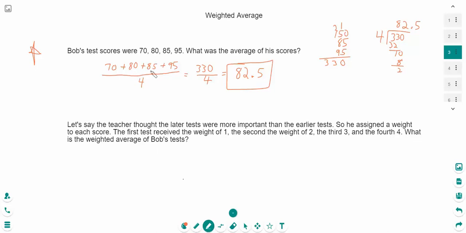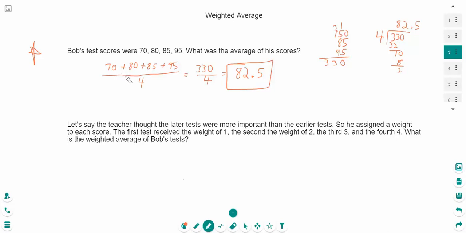And then maybe the third test was on 40 items. And then maybe the last one was really big. It was on 50 items. It's hard to say. But maybe each test was more comprehensive, had more problems, was more difficult, and therefore the teacher felt that the later tests should really contribute more to this average than the earlier tests did.